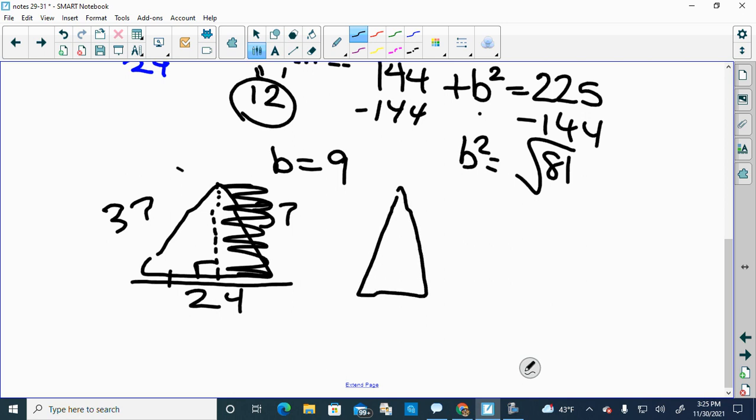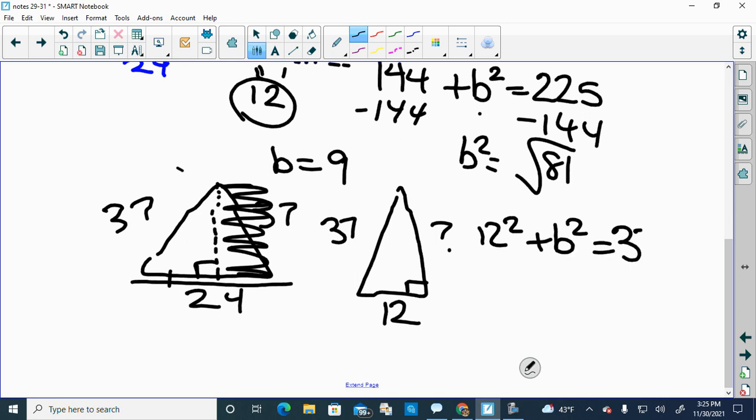So that means this is 12, and the hypotenuse is 37, and I'm solving for a or b. Same exact thing as what we just did. So I'm going to have 12 squared plus, I don't know what one of my other sides is, but I know that my hypotenuse is 37 and I need to square it. So 12 squared would be 144.